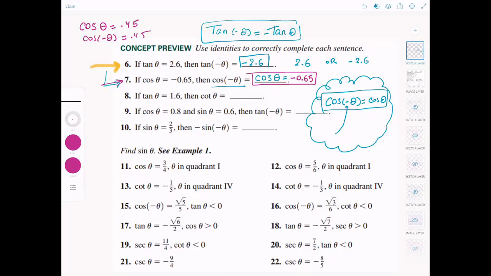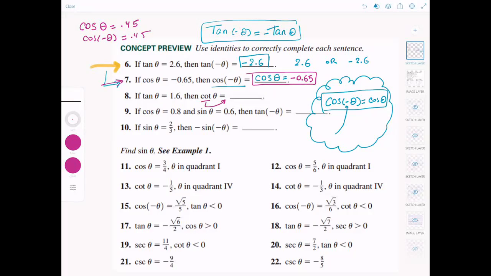Joshua, what do you think about number 8? If tangent is 1.6. I put that in Desmos and I got 0.625. If you give me a fraction, what is the answer? 5/8.